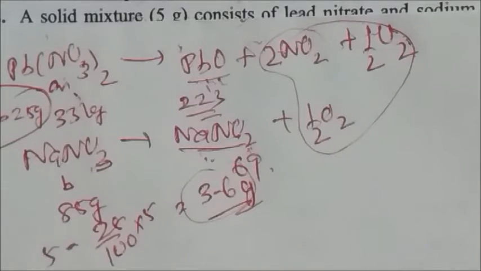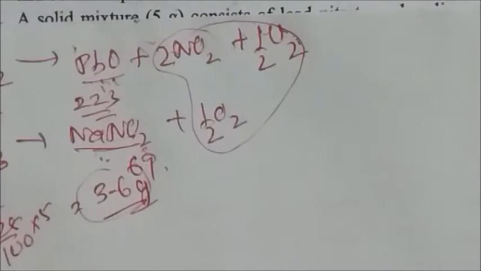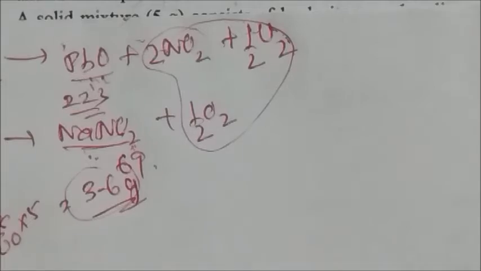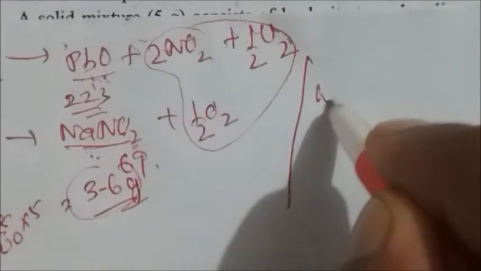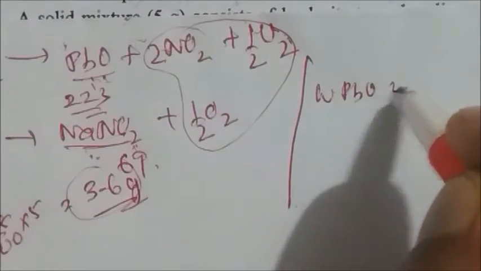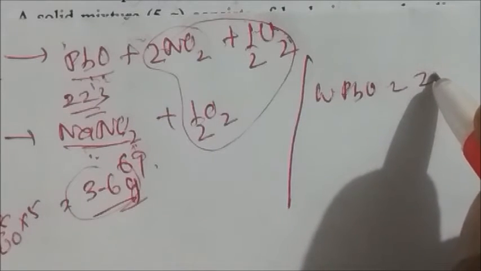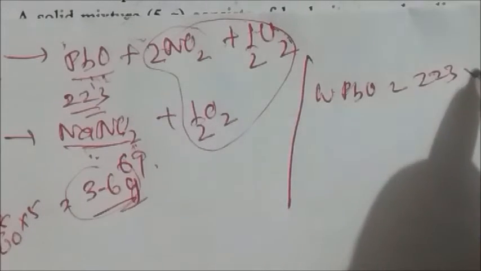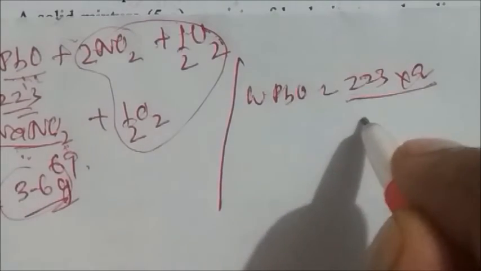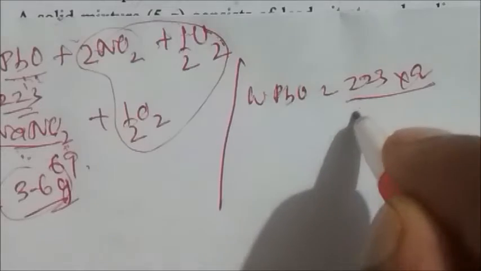So what would be the weight of lead oxide and sodium nitrate? Because we know the total weight. So weight of PbO will be 223 into A divided by 331.